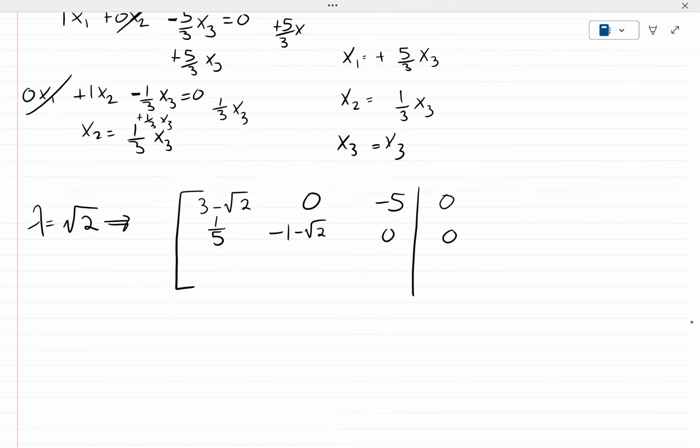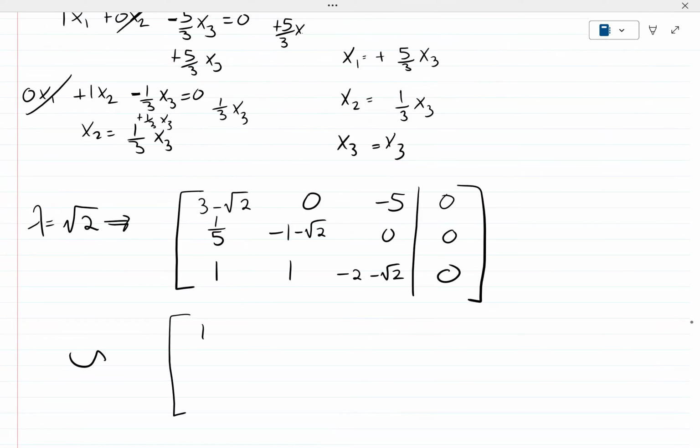And then this is going to be 1, negative 2 minus square root of 2, 0. And then you're going to row reduce. When you row reduce, you could just use a calculator.